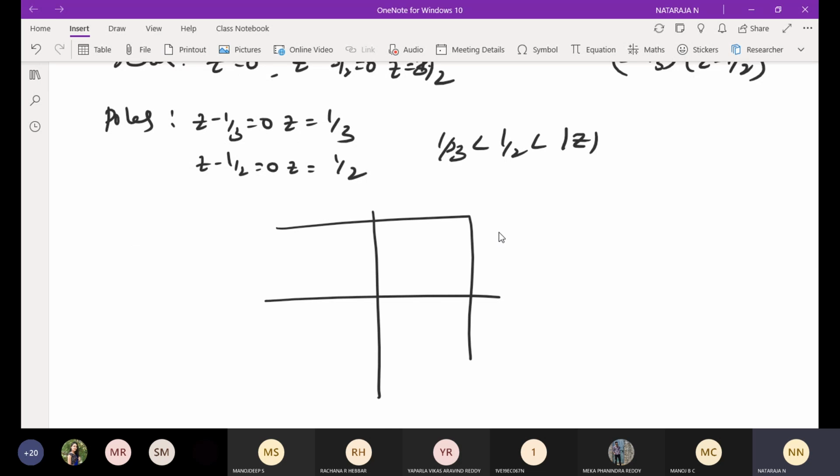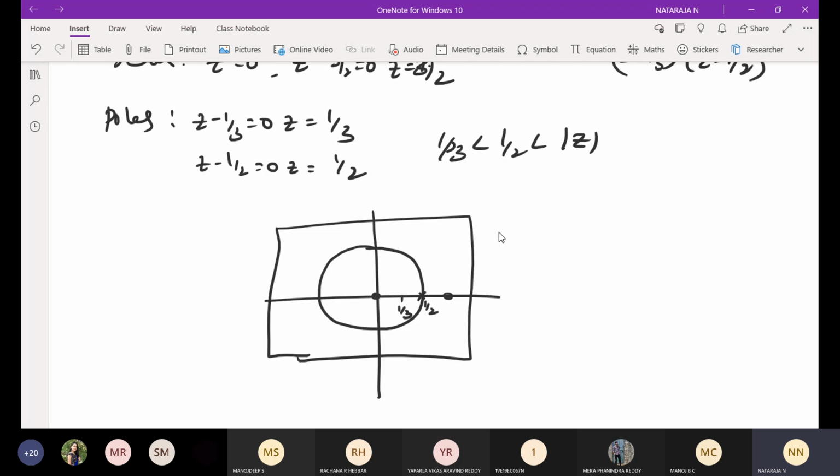This is my entire z plane. This is my unit circle. Both the values, 1/2 as well as 1/3, are less than 1. The zeros will be here, at 0 and 3/2.